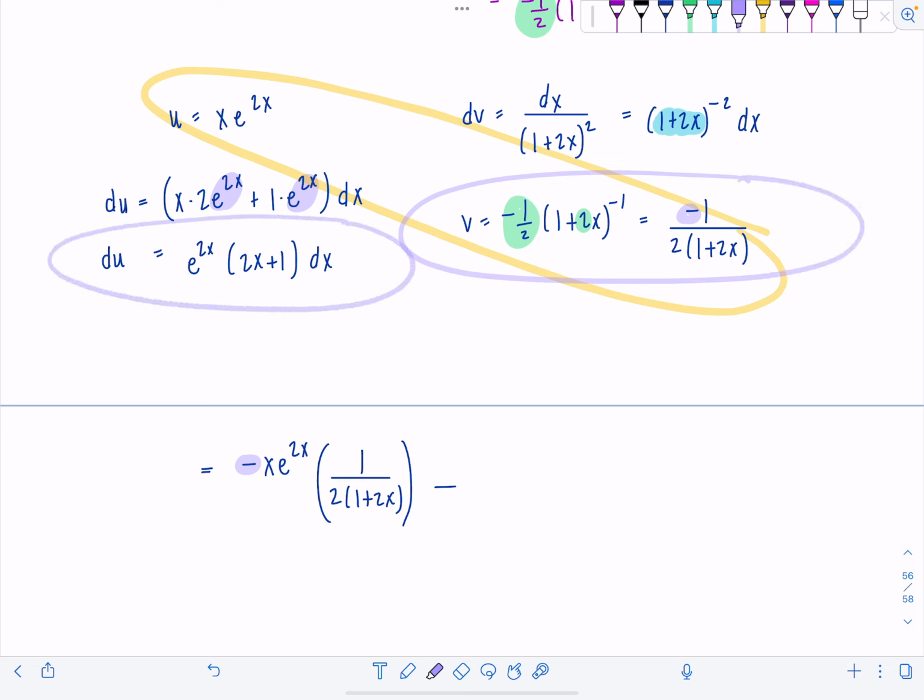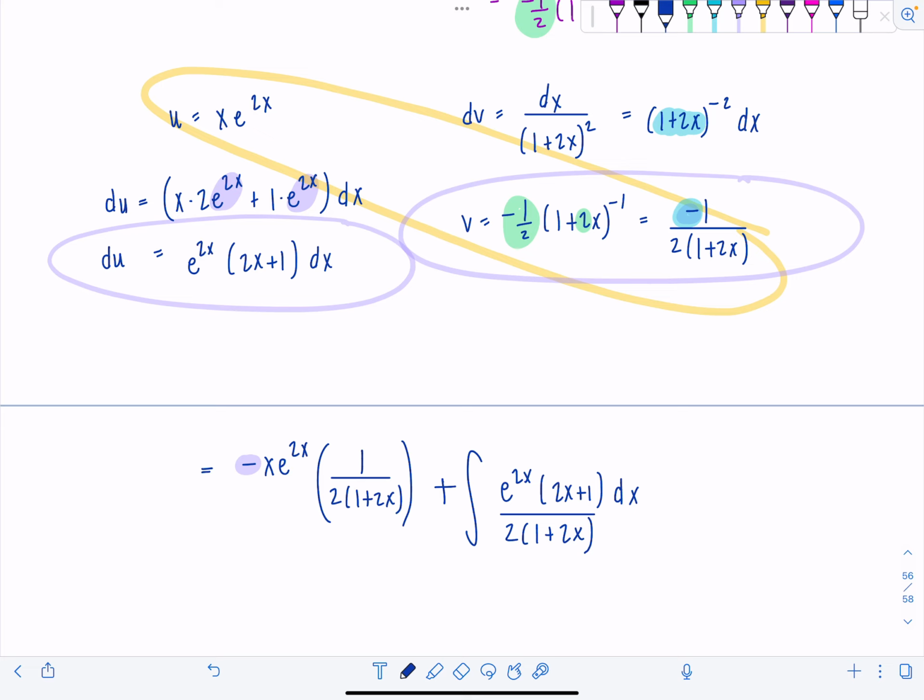All right, integral of that guy. Integral of, there's my du, let's just write that, e to the 2x (2x plus 1), then we have dx. Notice there's a negative here, so that's going to switch to positive, over 2 (1 plus 2x).